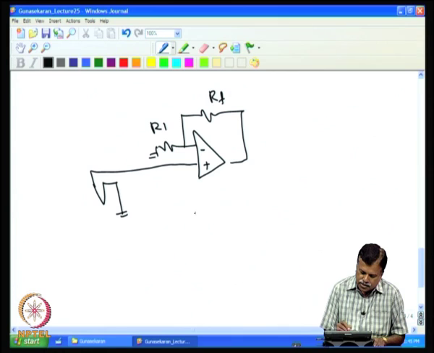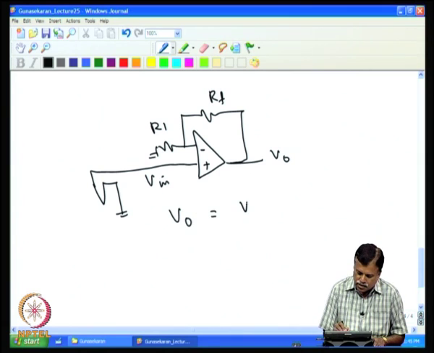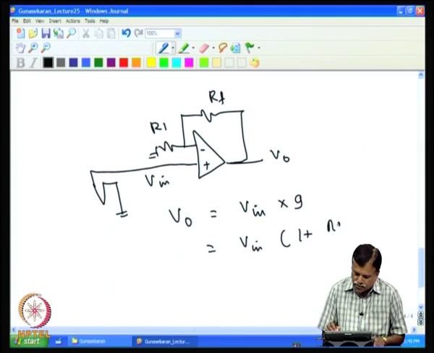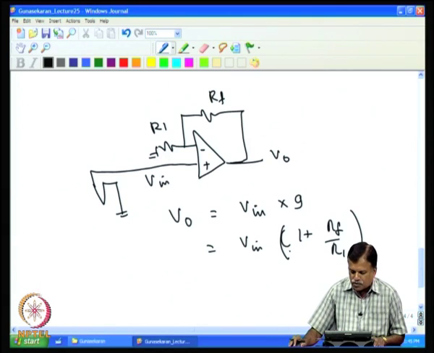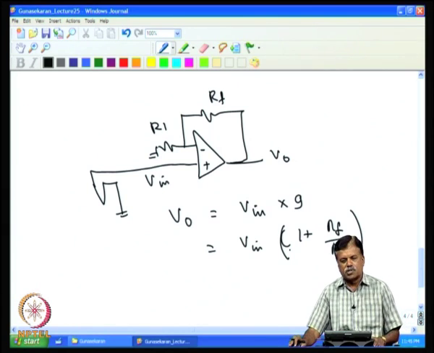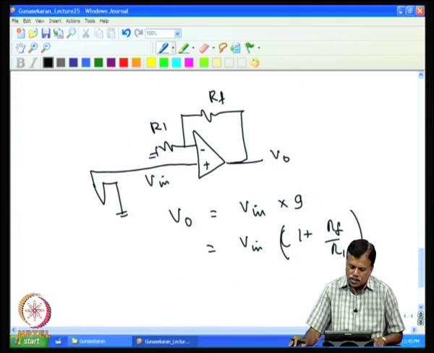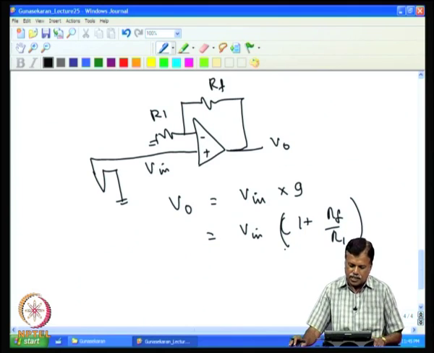This is V in and this is V out, then V out is given by V in into gain, which we had shown as 1 plus RF by R1. This equation I leave it to you, you can find in very many textbooks how to derive it. So, we get a gain in this.